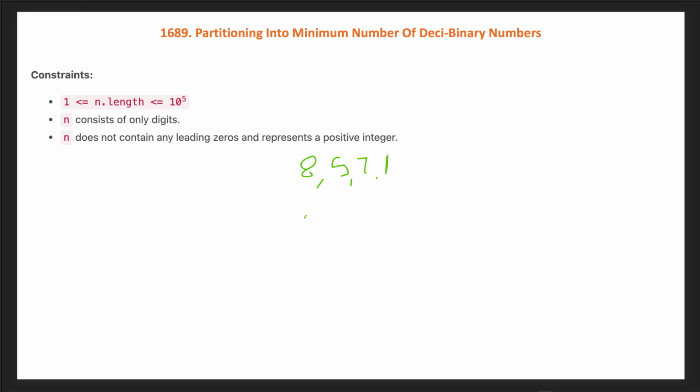We need minimum 8 ones for 8, minimum 5 ones for 5, minimum 7 ones for 7, minimum 1 one for 1. Then this 8 is dominating, so 8 is the minimum number of Deci binary numbers we need. Whatever the maximum digit in our number is, that will be the answer. So we just need to find the biggest digit in the string n.